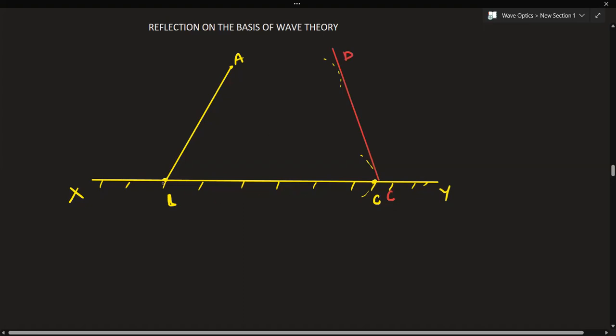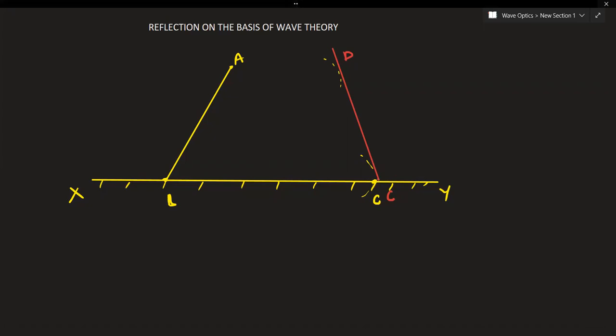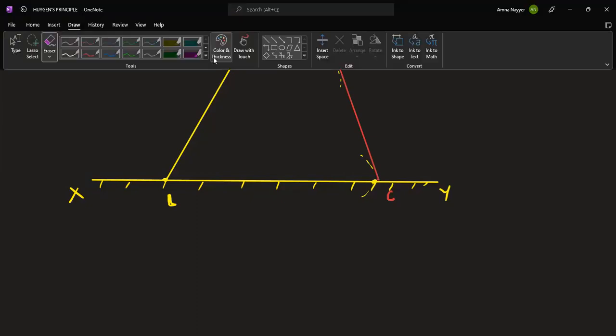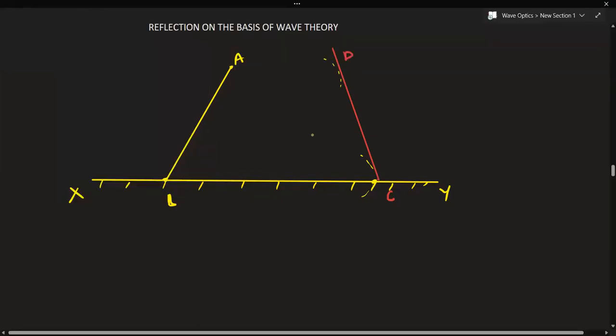According to Huygens principle, all the points generate secondary wavelets. Now see, CD is what I have received. So CD is the reflected wavefront because of the reflection from this plane mirror.